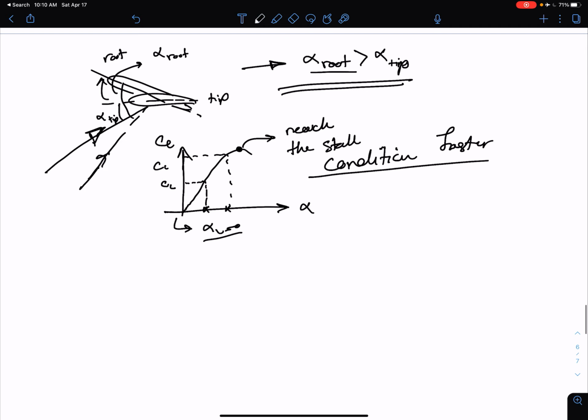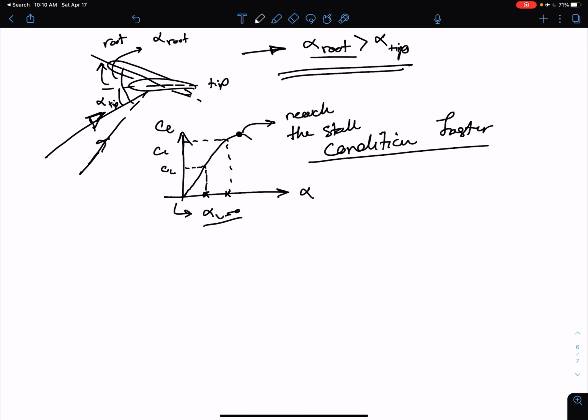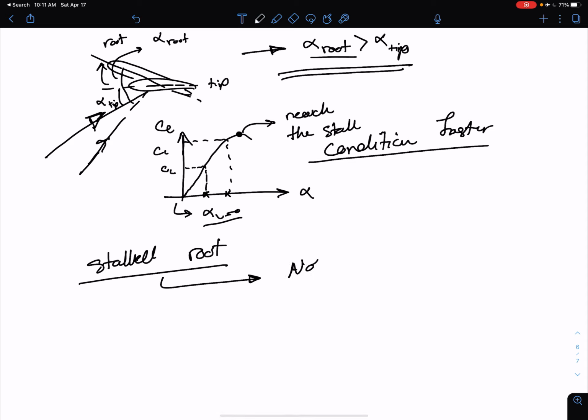Which essentially means in this type of wing design, you will have a case where you will have a stalled root, but not a stalled tip.